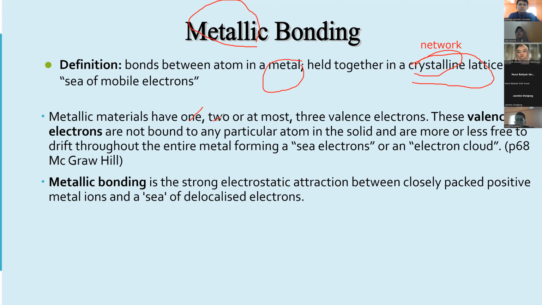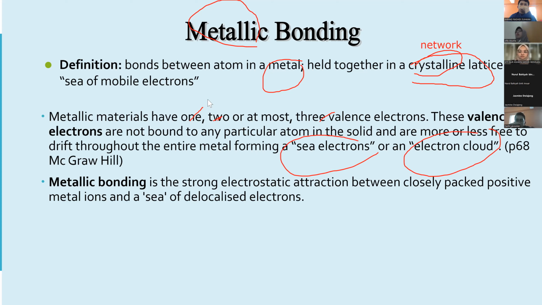Metallic materials have one, two, or maybe three valence electrons. These valence electrons are not bound to any particular atom in the solid. The metallic bond is about electron count. It's a different mechanism from ionic or covalent bonding.